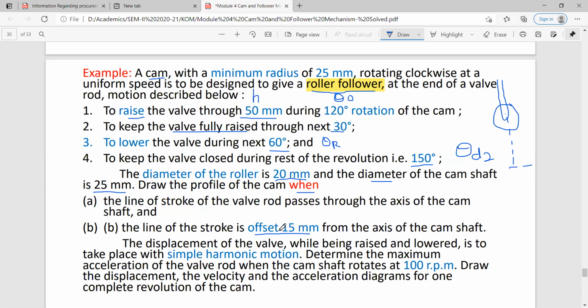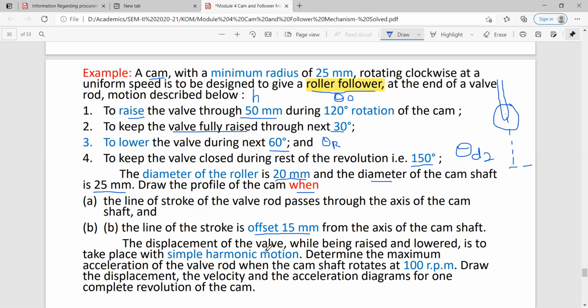You know that in case of an offset follower, you first locate the position of the follower as tangent to the offset circle, and then you continue the construction. But apart from offset and radial conditions, what has also changed is the type of follower, a roller follower. Because of that also we have to make some changes. So again, for these two cases you have to draw the cam and follower.